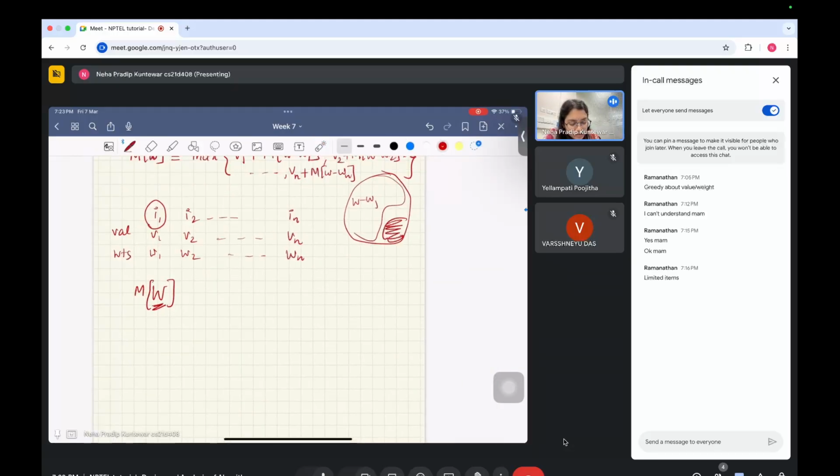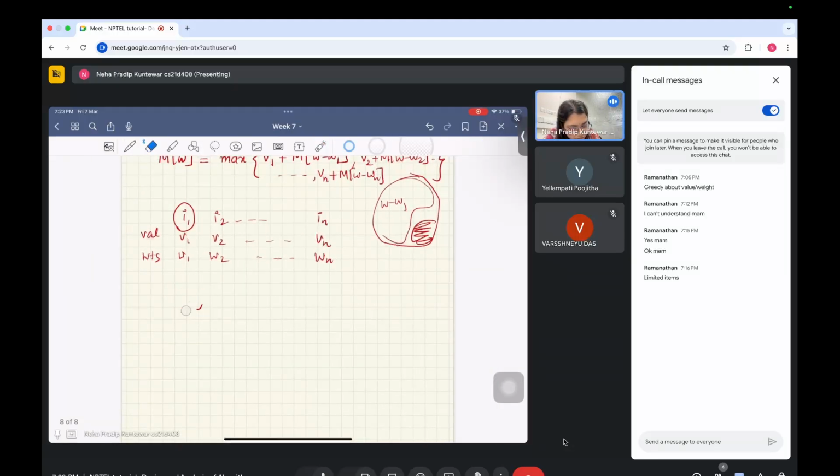So then it will take this m of W and find v1 plus m of w minus w1, v2 plus m of w minus w2, sorry, and so on, vn plus m of w minus wn.